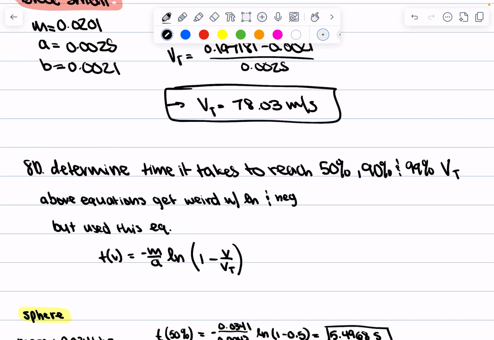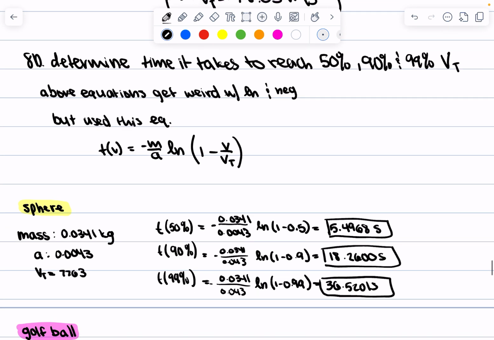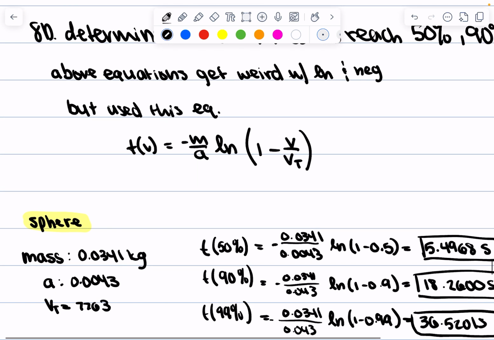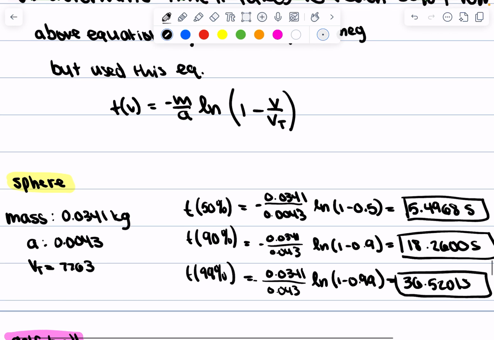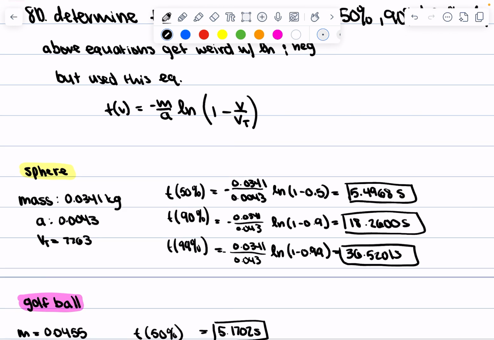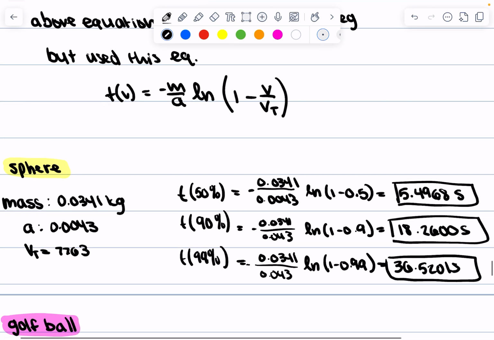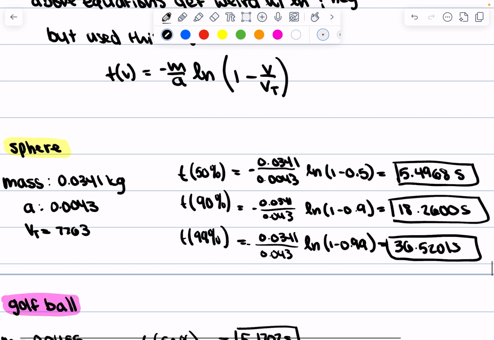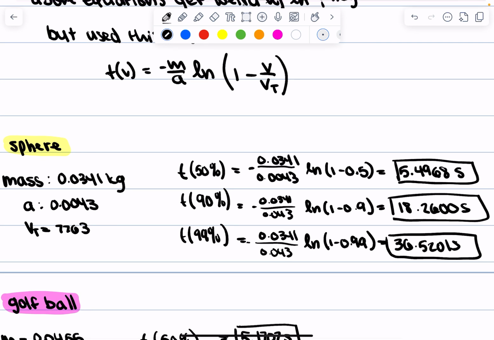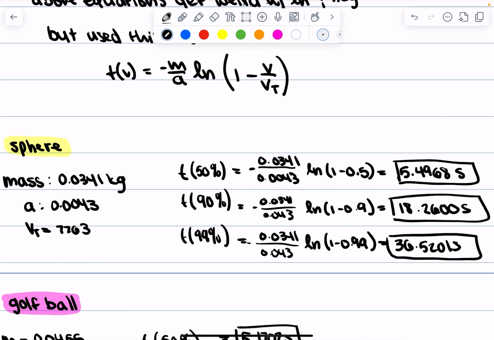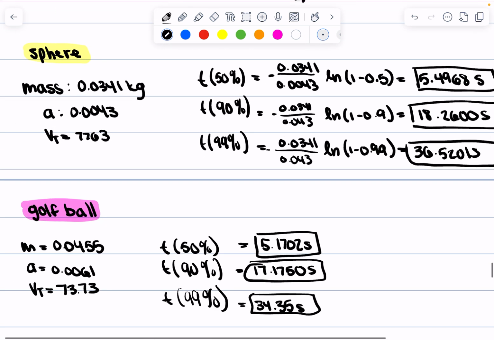So I found this equation, and I just used t equals negative m over a times ln of (1 minus v over v of t), and plugged everything in here for the sphere, and got my time to reach 50%, 90%, and 99% of terminal velocity here for the sphere.